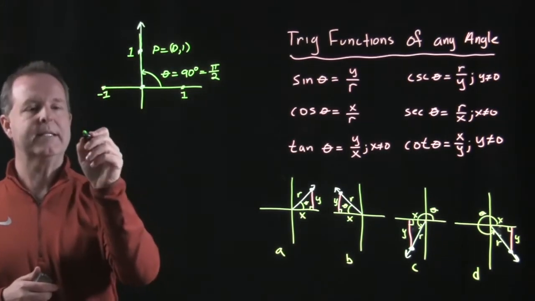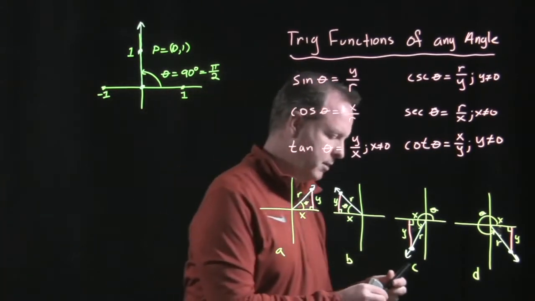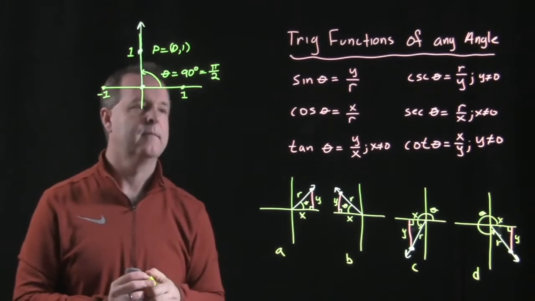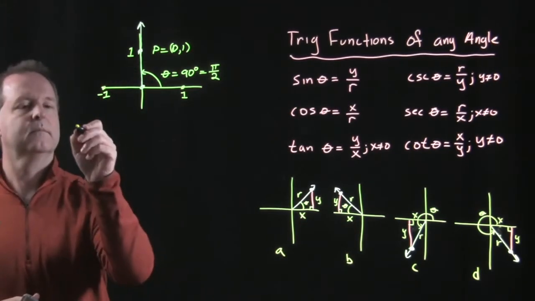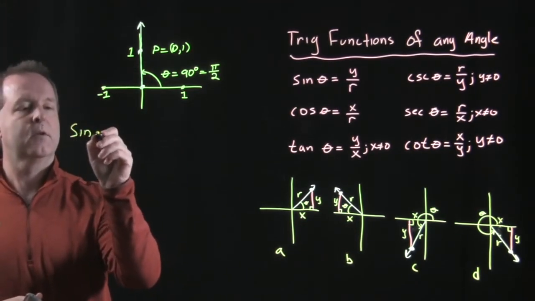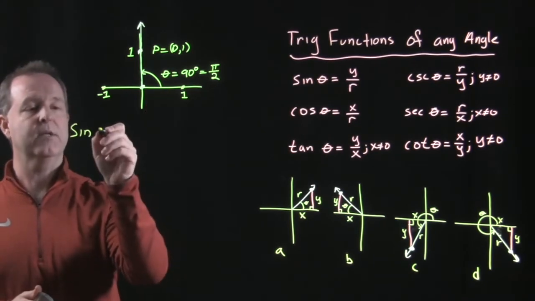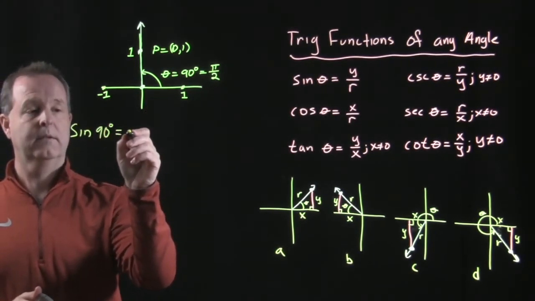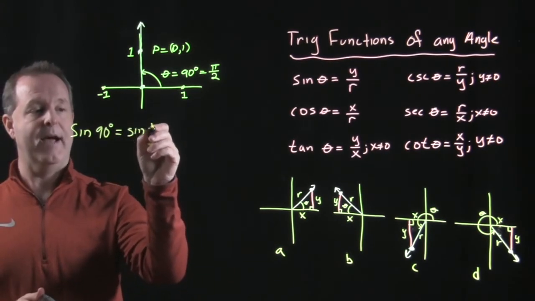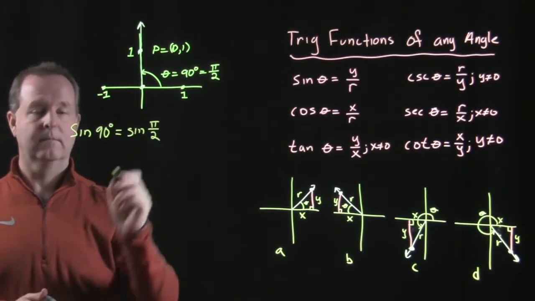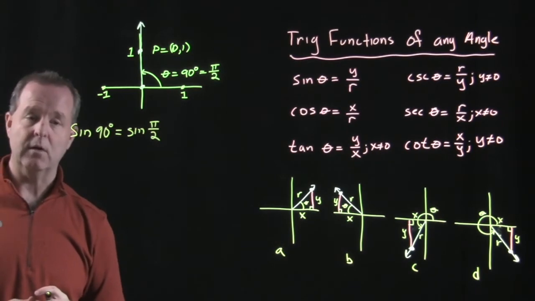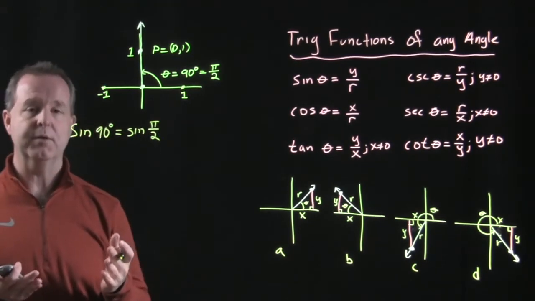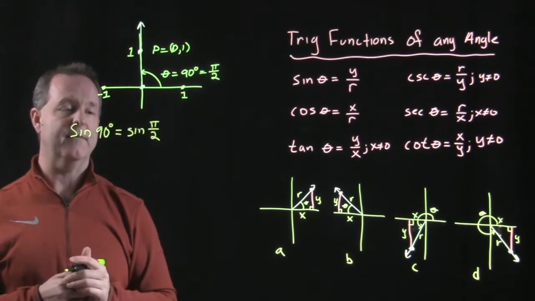So the sine of theta in this particular case was 90 degrees, or the sine of pi halves. Both of those should produce the same result. One's in degree world, one is in radian world, but they should produce the same result when we're looking at the sine.